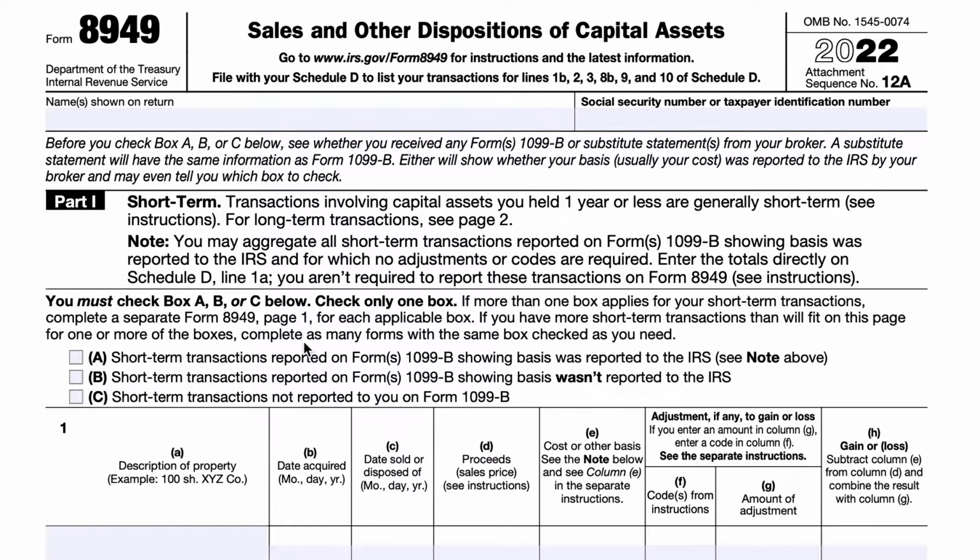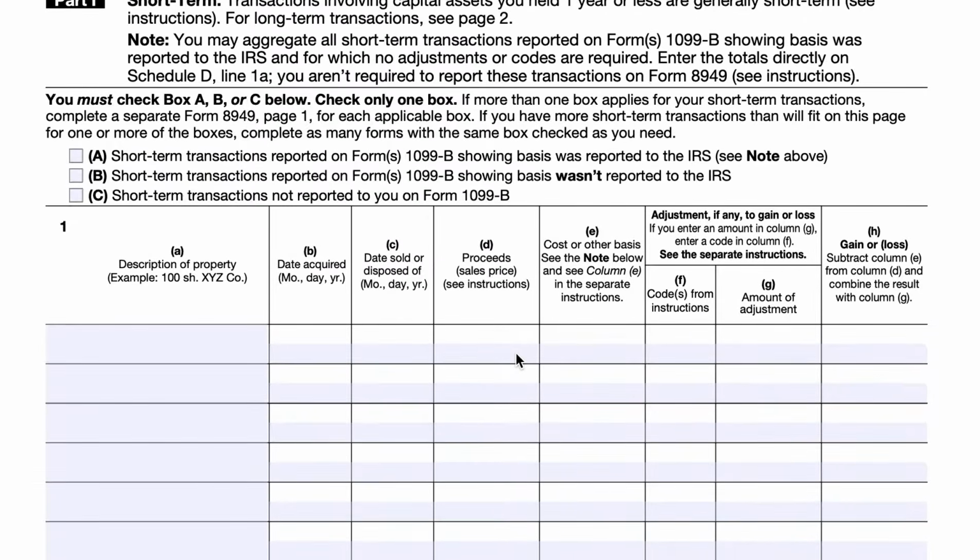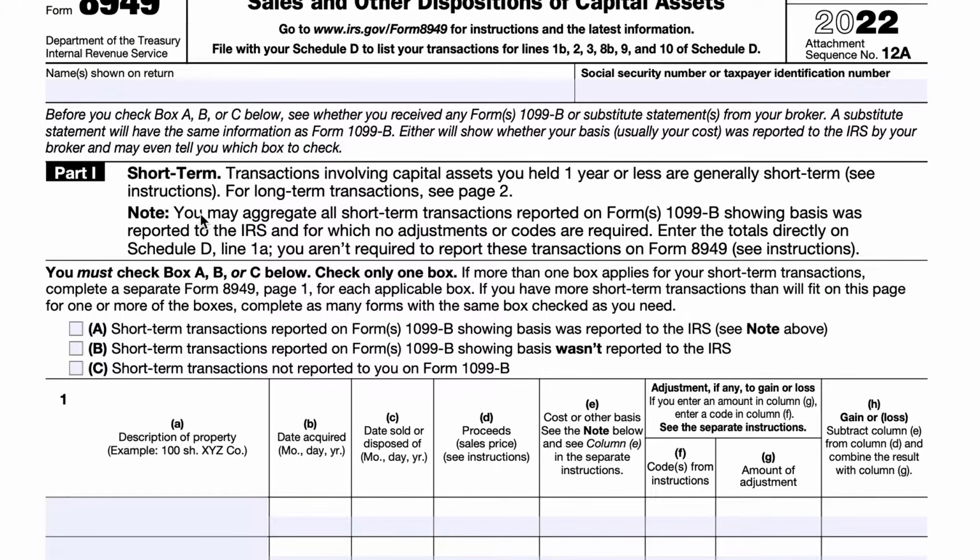You'll check box A if the short-term transactions reported on all of your forms 1099 were reported to the IRS. And there is a note above that says you may aggregate all short-term transactions reported on your 1099-B showing basis was reported to the IRS and for which no adjustments or codes are required.